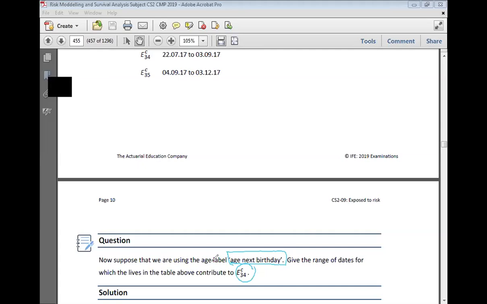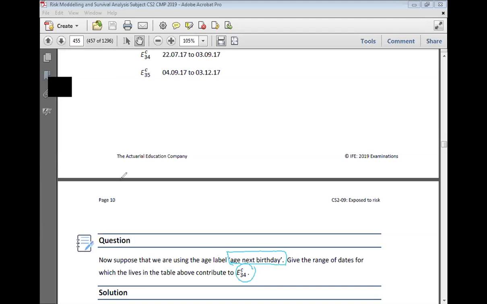So the very first thing that changes is the age definition that we are trying to use, right? In the previous question, we used the definition age last birthday, but now we are trying to use age next birthday. And all they want to know is, out of these lives, what is the range of dates for which these particular lives contribute to ECX, where X is 34.